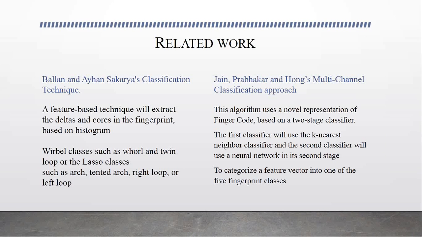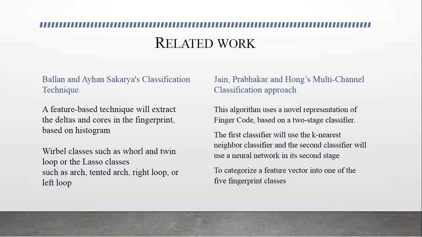The related works are Bolle and Jain's classification techniques. The feature based technique extracts the delta and core in the fingerprint based on a histogram. Also, classes such as whorl and twin loops and other loops such as arch, tented arch, right loop and left loop are classified in this technique.